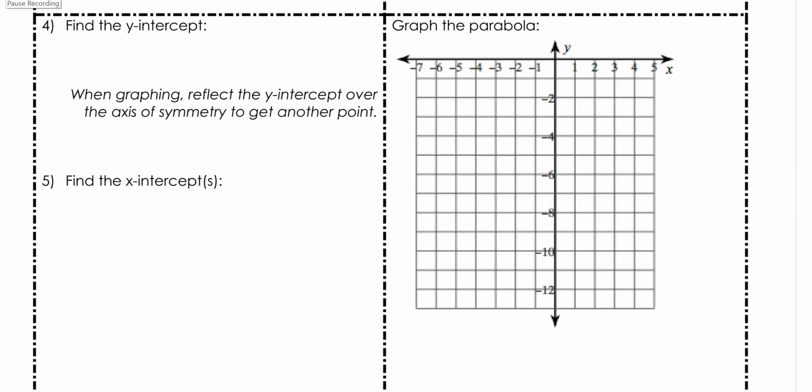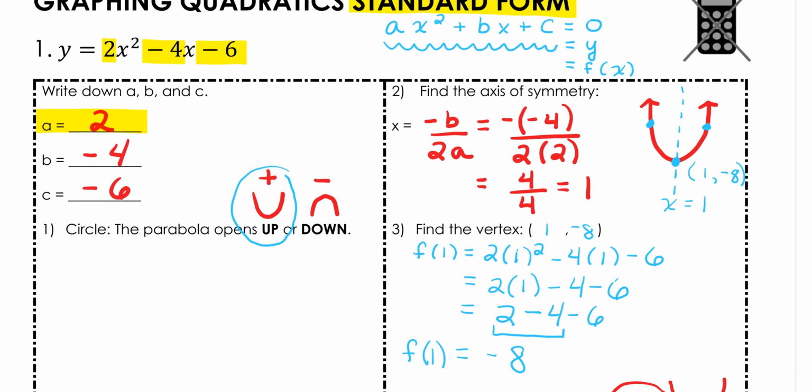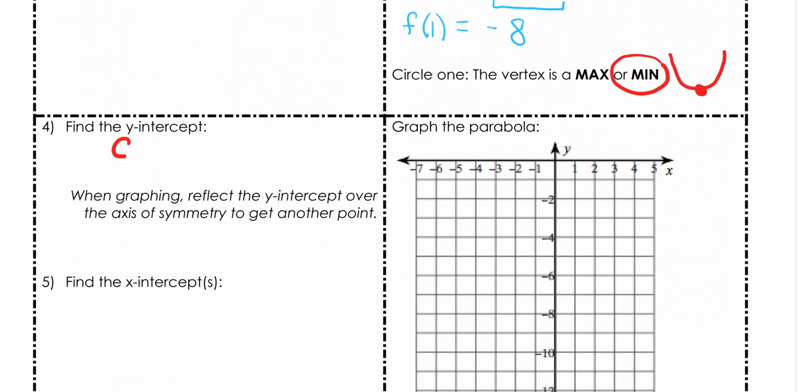Step 4, when you find the y-intercept, all you're looking for is c, your c value, your constant. It's a very easy thing to do. So I'm going to take a look at my equation and see what the c value is. Our c value is negative 6. So that means that your y-intercept is negative 6. It's going to cross the y-axis at negative 6.